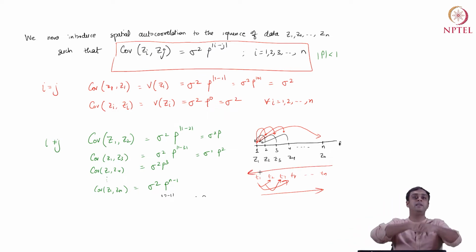So every entity has a spatial impact on every other entity with a strength which is given by rho to the exponent of the distance between those entities. Okay, so having understood this interpretation of the spatial autocorrelation structure that we are working with, now let's go forward and evaluate different characteristics of this distribution.